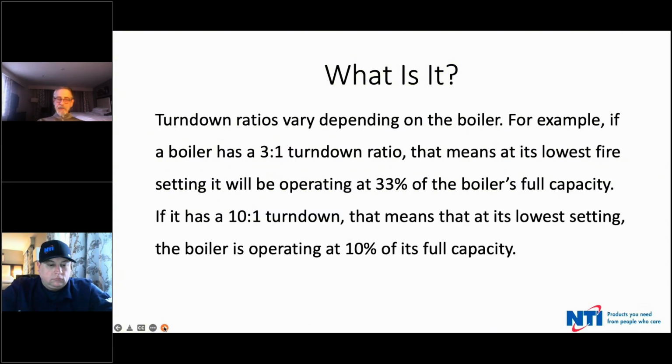The ratio varies by boiler, by company, by manufacturer, by model. So if a boiler has 3-to-1 turn down, it means that at its lowest fire setting, it will be operating at 33% of full capacity. If it has a 10-to-1 turn down, it can operate at 10% of its full capacity.